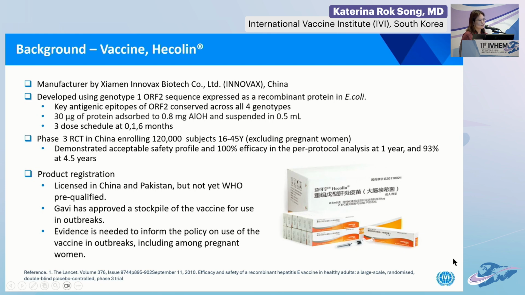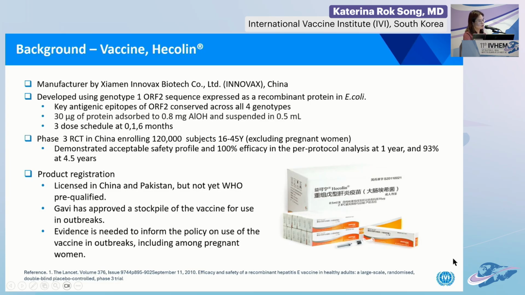The vaccine schedule is 3 doses given at 0, 1, and 6 months. The phase 3 clinical trial conducted in China, which enrolled 120,000 subjects, demonstrated an acceptable safety profile and also showed high efficacy during 1 year and also for around 5 years.